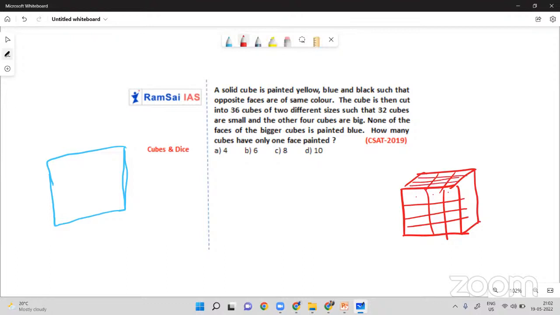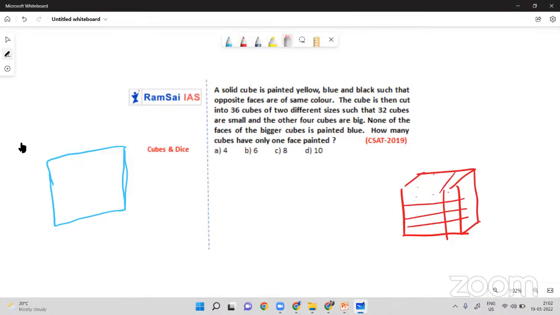Just imagine 4 by 3 only. Wait. 1, 2, 3, 4, 5, 6, 7, 8, 9. 9 fours are 36.